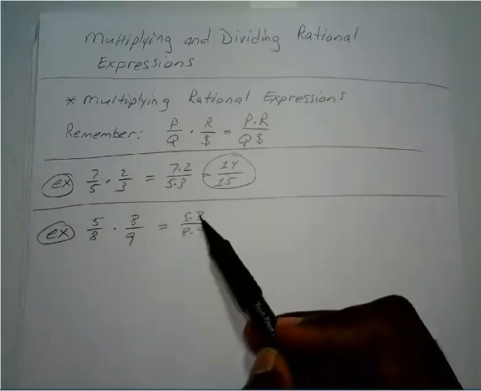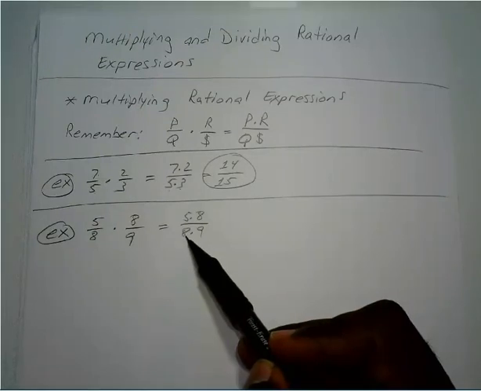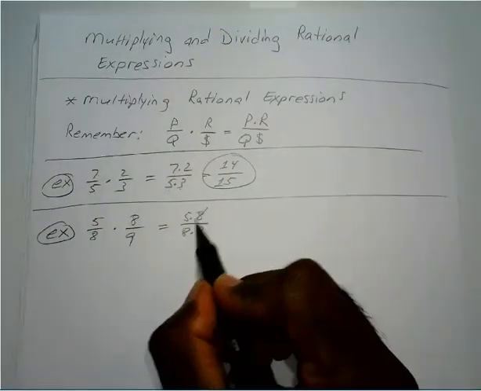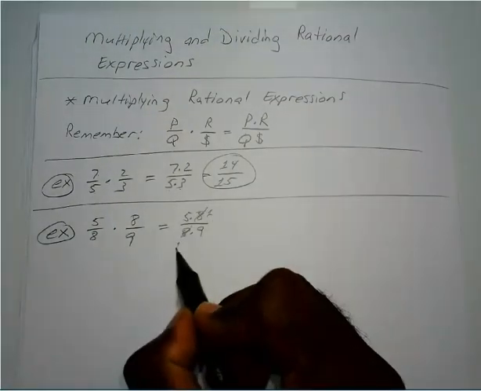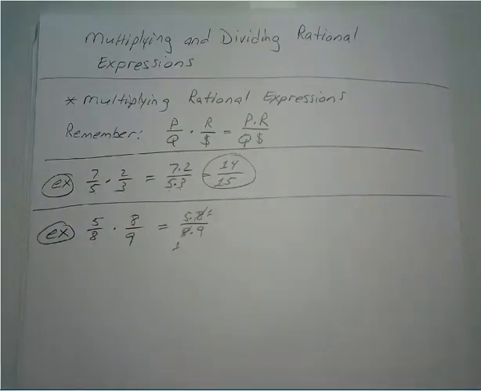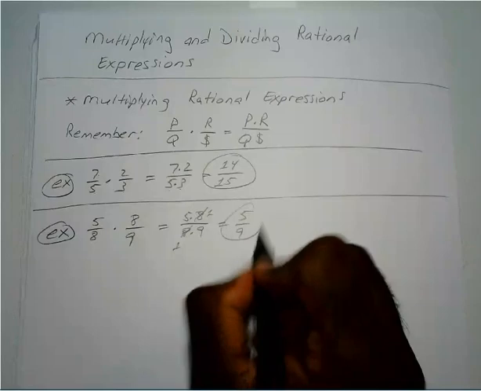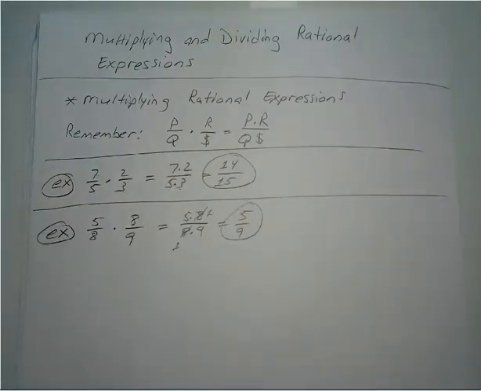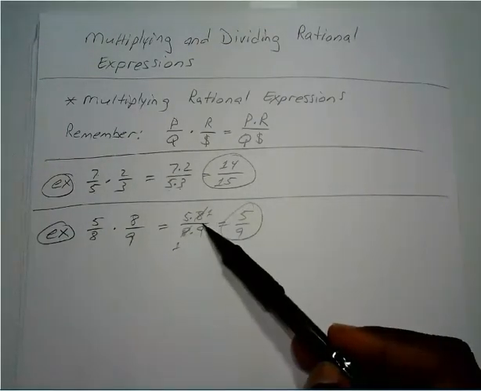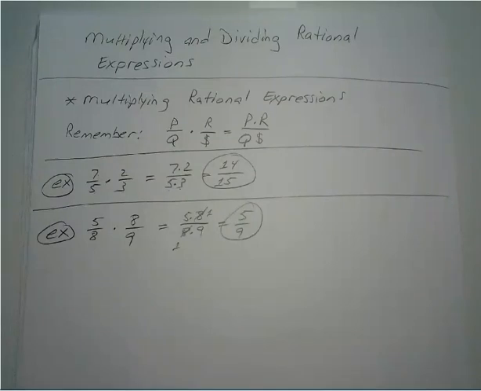Difference is you have two values in the factor up top and the denominator factor that can cancel out. So these two cancel out because 8 divided by 8 is just 1. So that gives us 5 over 9. Okay, now this is the step we have to remember when we're factoring our rational expressions. It's the canceling out part.